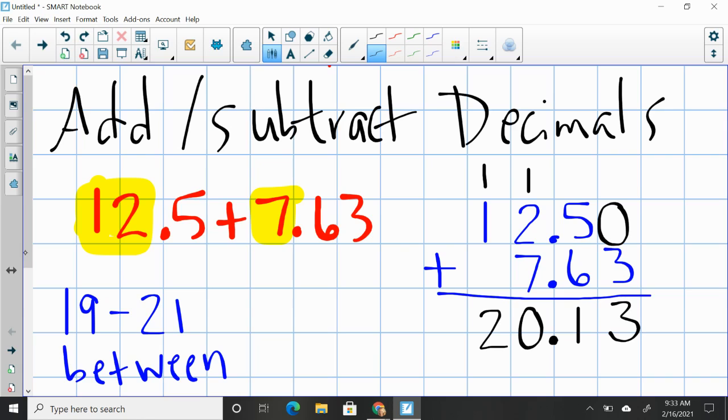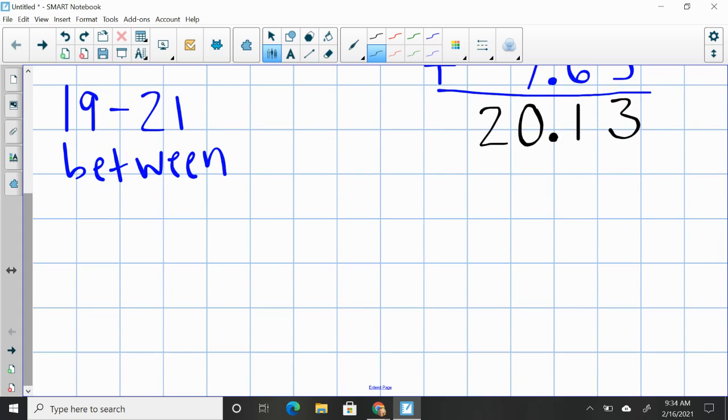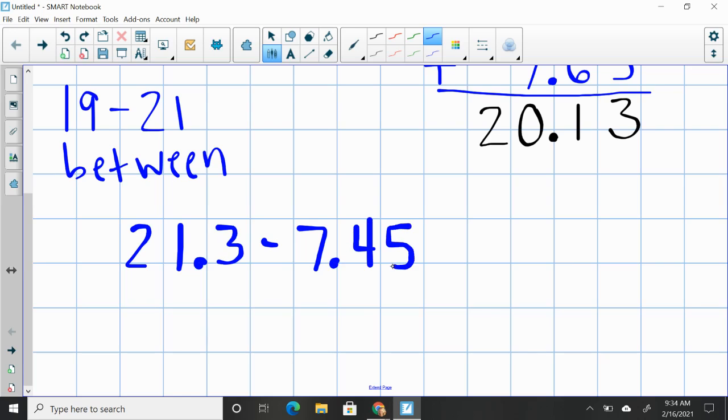Okay, now if we were to subtract, I'm going to just scroll down so I don't have to erase it. All right, let's do a subtraction problem. Let's say 21 and 3/10 minus 7 and 45 hundredths. Okay.